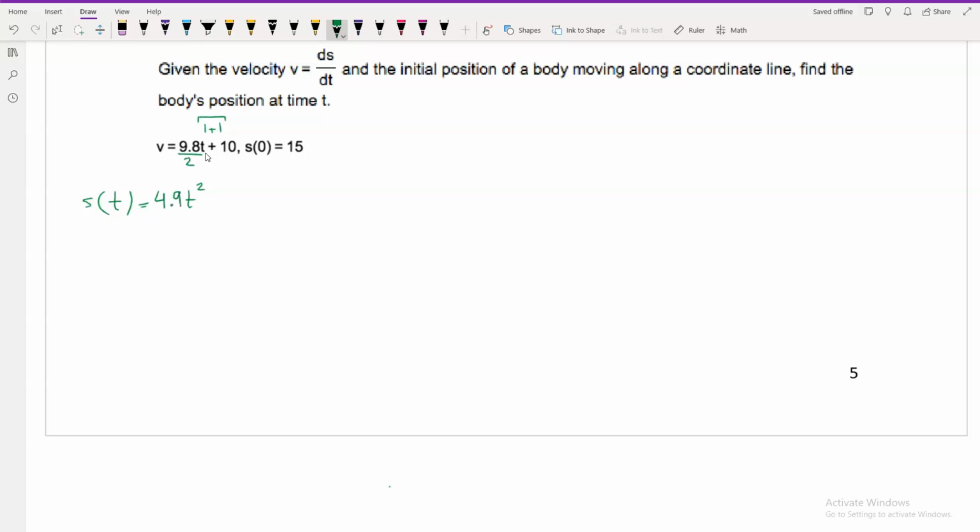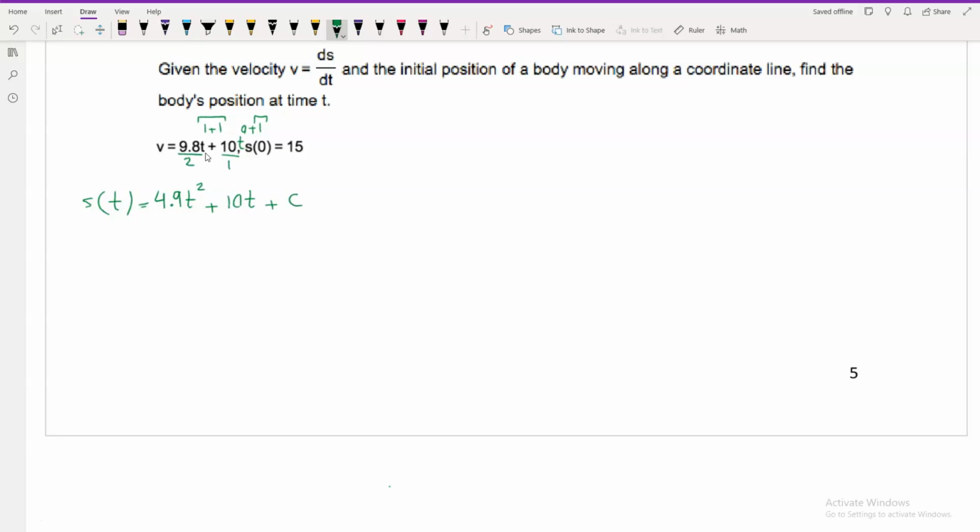So we have 4.9 times t squared plus, here we have 10t. So I did the same thing on this part. Here we have t, and that is power 0, adding 1. Now we have 1 as a power. Use that one here in the denominator, 10 divided by 1, so we have 10 times t.